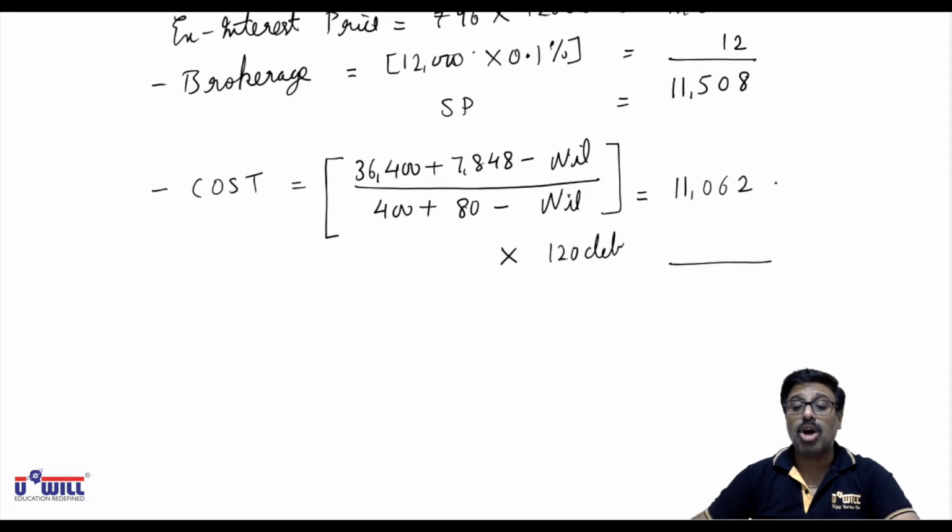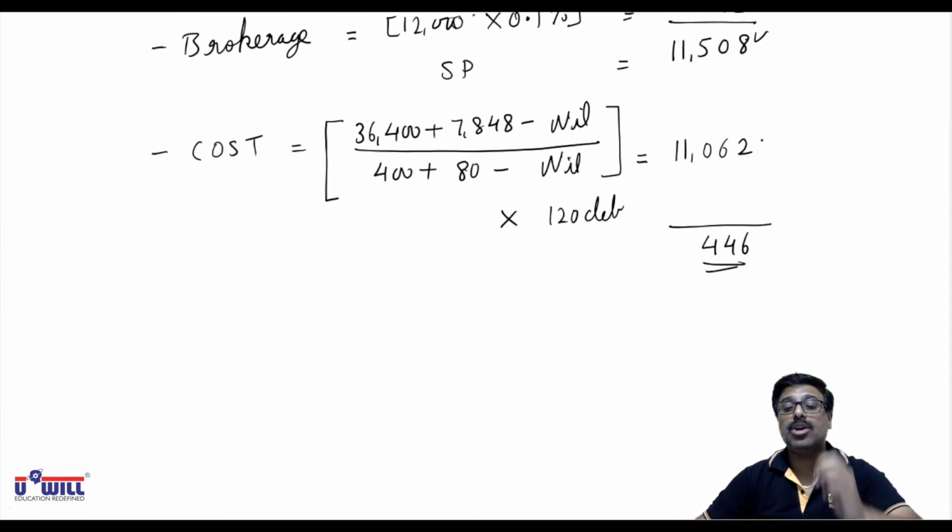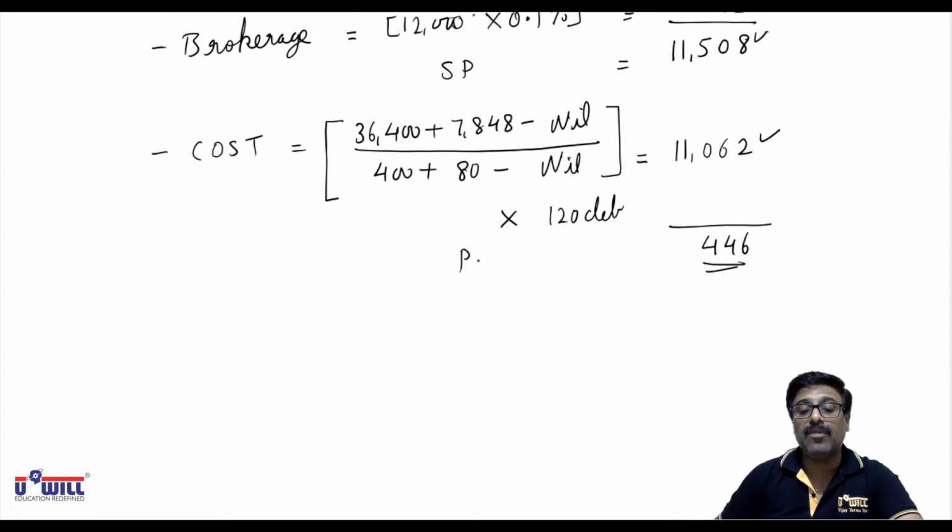What is the cost of these debentures which we are selling? The weighted average cost of these debentures is 11062. So 11508 minus 11062. What is the profit? 446. Why profit? The selling price is more than the cost price. So 446 is our profit.